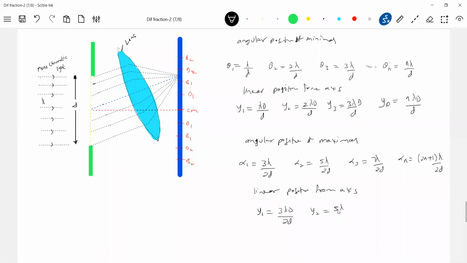Y2 is 5 lambda capital D by 2D. So therefore Y bright should be equal to (2n plus 1) lambda capital D by 2D. And from where should I start n? N equals 0 or 1, 2, 3? N equal to 1, 2, 3, like this.